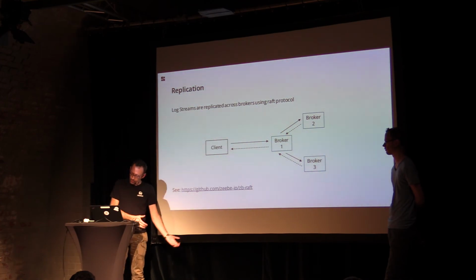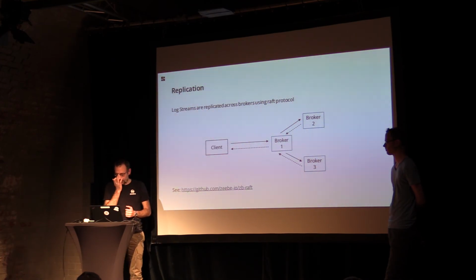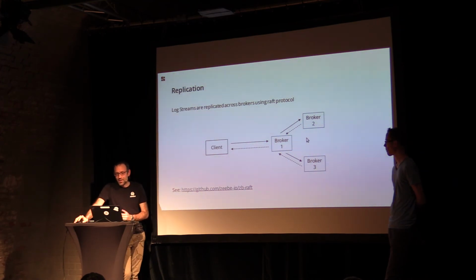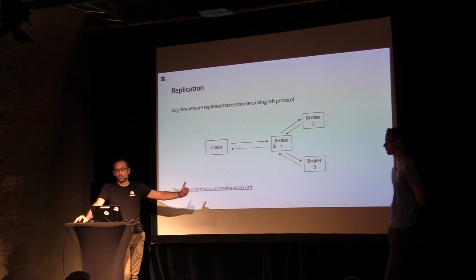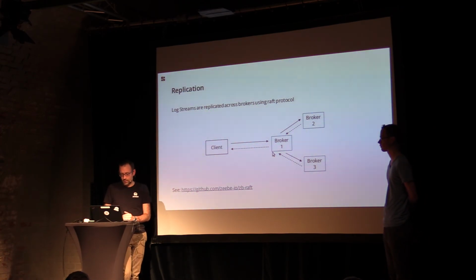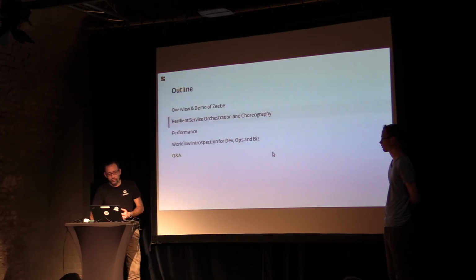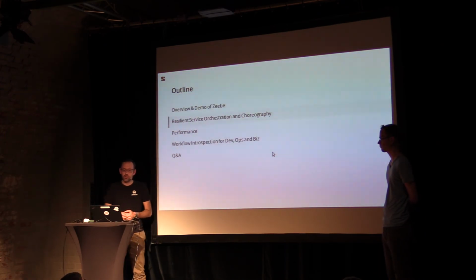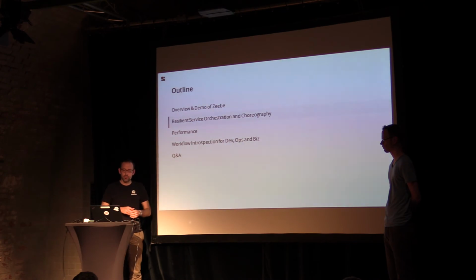I could talk more about those details. It's a very fascinating topic, obviously, but this is to give you a glance of how ZB does persistence internally. It has append-only log files, and those get replicated with the Raft protocol across nodes. All right, this gives you an overview of the ZB system.